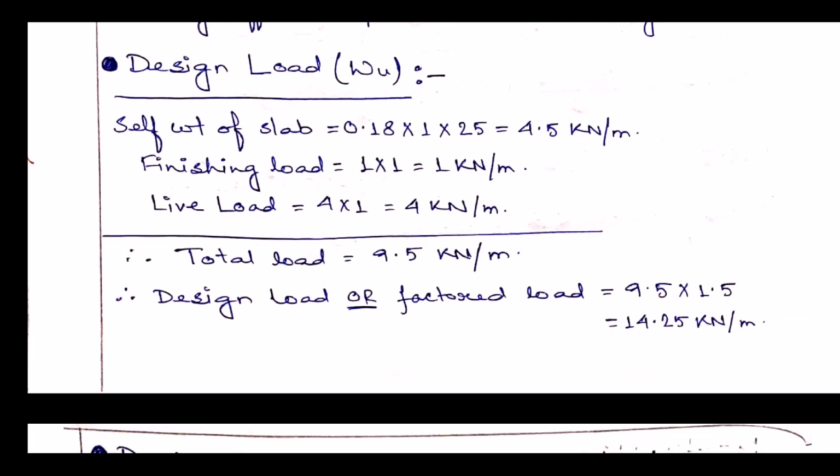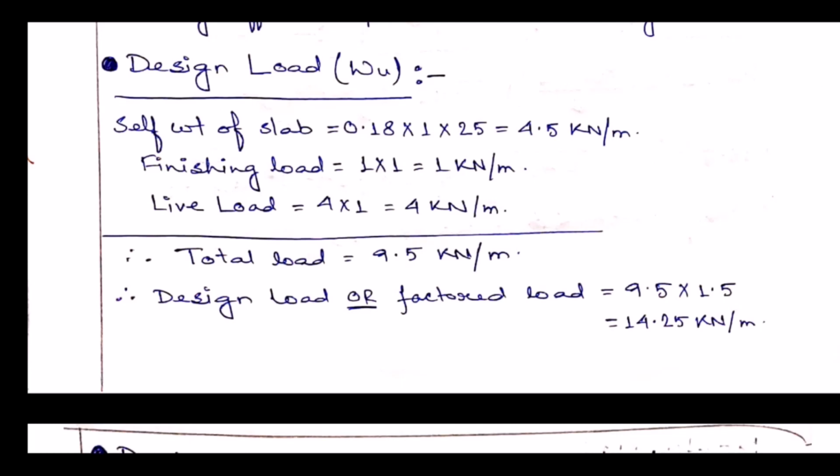So the self weight of the slab is equal to 0.18 into 1 into 25, that is 4.5 kilonewton per meter. 0.18 means 180 mm, the overall depth we have considered, multiplied by 1. 1 is because we know a slab is always designed as a 1 meter width of beam, and 25 is the unit weight of RCC.